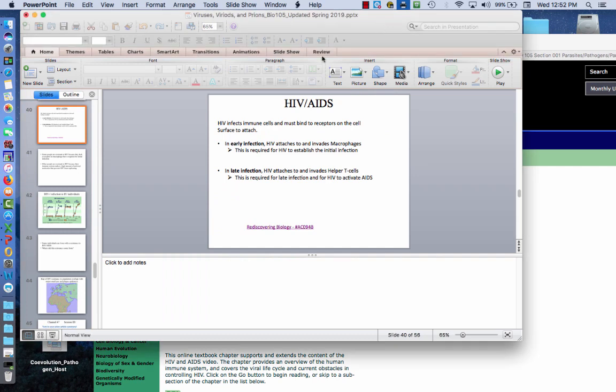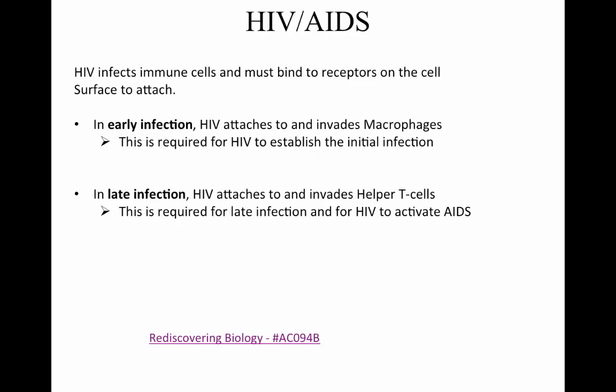All right, so what did we just see in this video? We basically saw a couple of really cool instances where people seem to either lack the ability to be infected by HIV or can be infected but never develop AIDS.